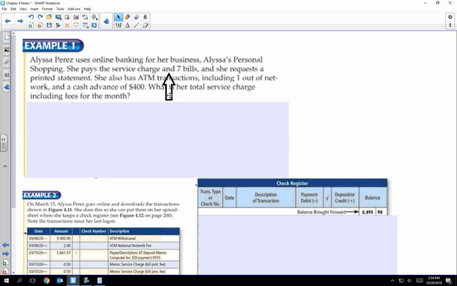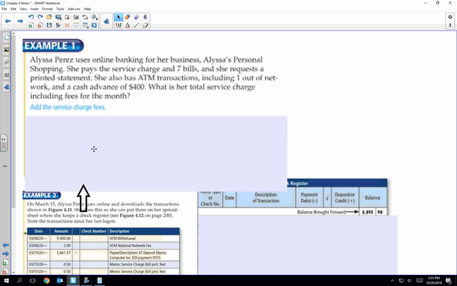She pays a service charge, which was $6.95, has 7 bills. She requested a printed statement, which also costs money. She has ATM transactions, including 1 out of network, and a cash advance of $400, which we have to pay 2% of. What is her total service charge, including fees for the month?